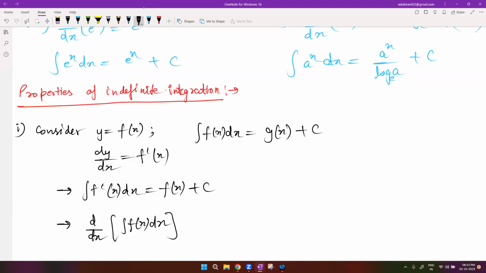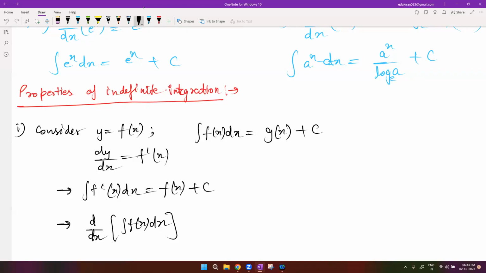So if you differentiate gx plus c, then you will again reach fx. So this is a two-way thing. I mean, if you differentiate fx and you reach somewhere, then if you integrate that, you will reach back to the function fx.